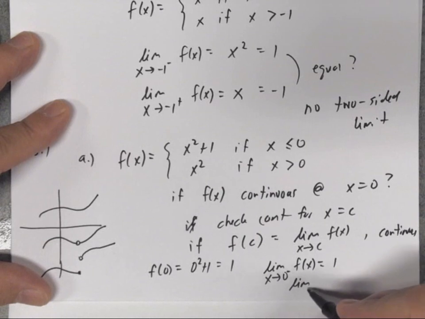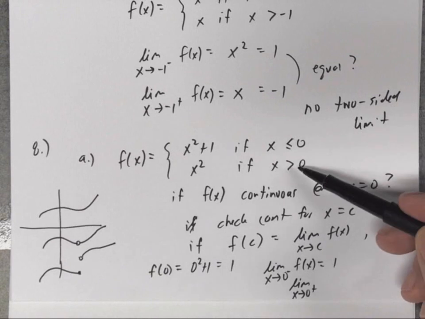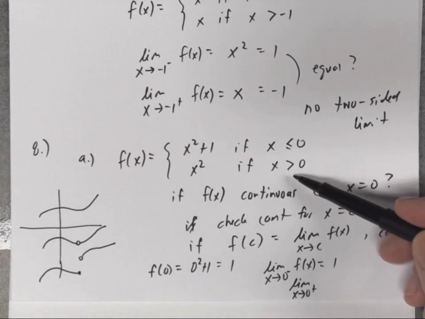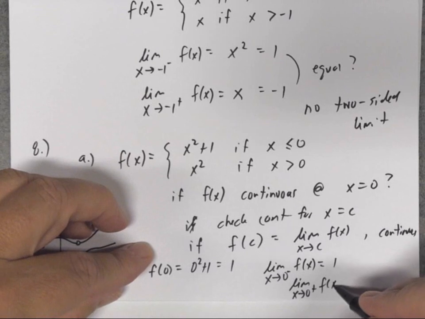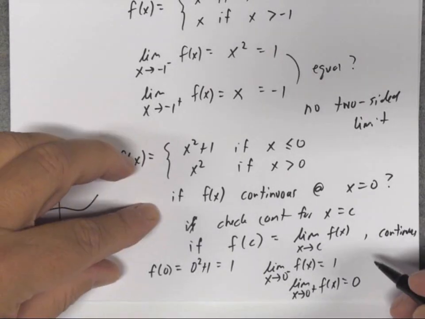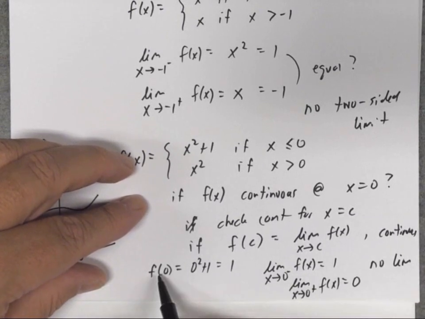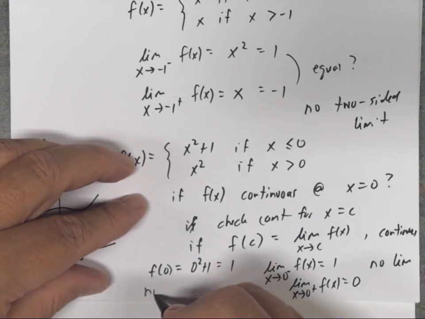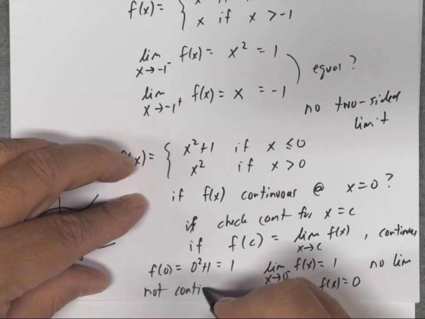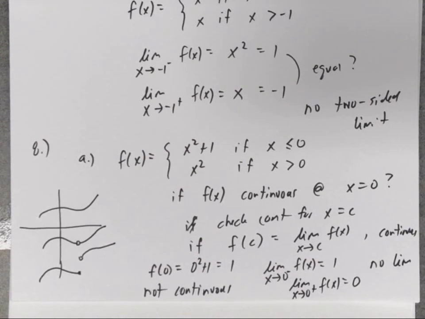If you approach it from the high side, you end up using the second equation. Turns out we don't even have a limit. There's no limit. Therefore, obviously, it can't be equal to our function. So we say that function is not continuous at x equals 0.